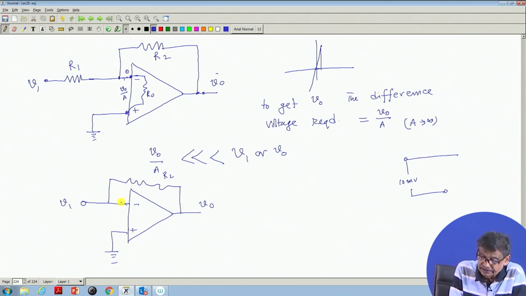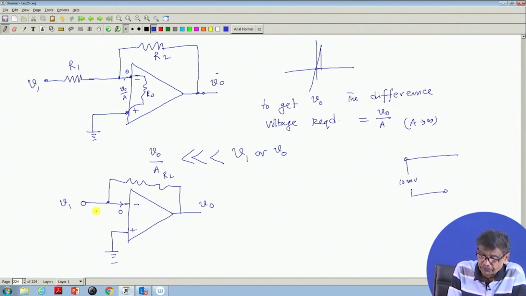So, current in this path is 0. Input impedance is infinitely large, this will never draw any current, or very little current, which is of no consequence to the practical situation here.